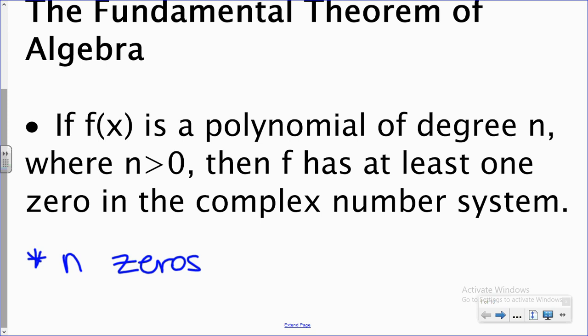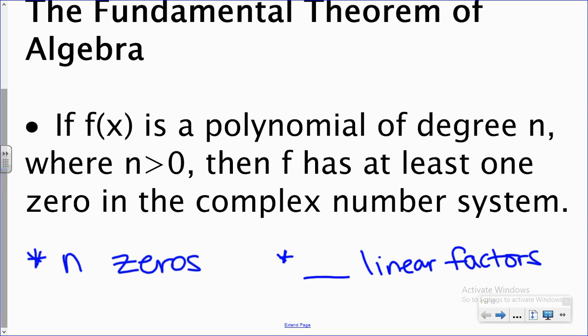Now, we've kind of already talked about linear factors when we did the 2.3 homework assignment. Okay, they made you do some linear factorization. Linear factors mean x minus a zero, x minus a zero, x minus a zero.